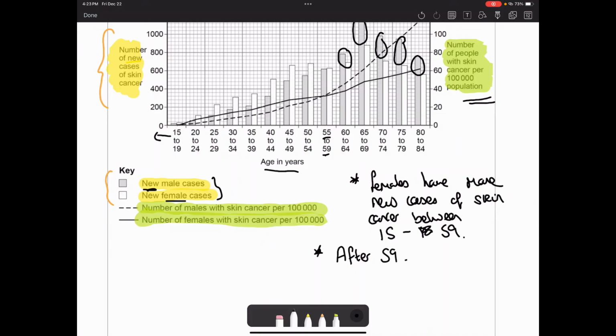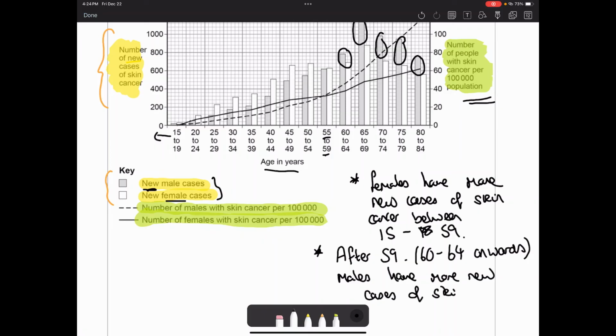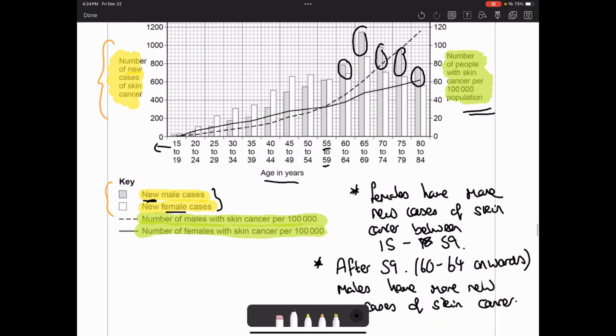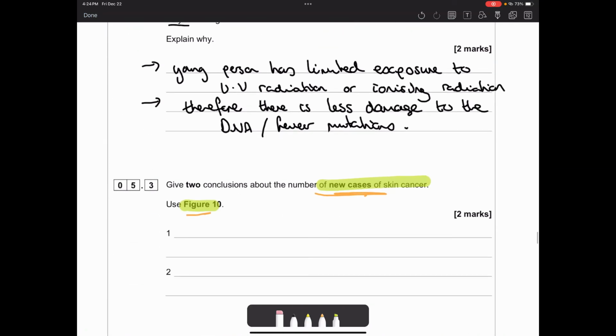After 59, okay, so going from 60 to 64 onwards, males have more new cases of skin cancer. Okay, so you've looked at the correct part of the graph, you've identified the key part that you actually need to describe, and you've pulled off two conclusions. Now that would be enough to get you the 2 marks on the 2 points here.